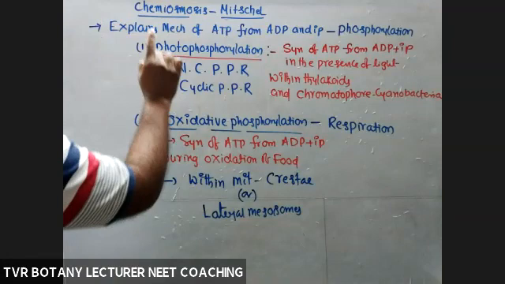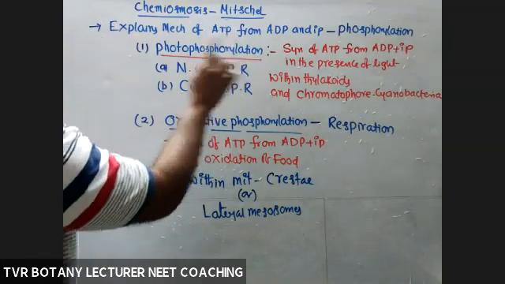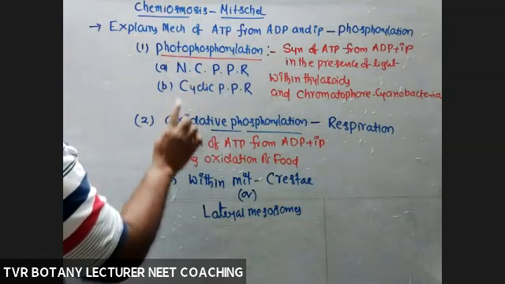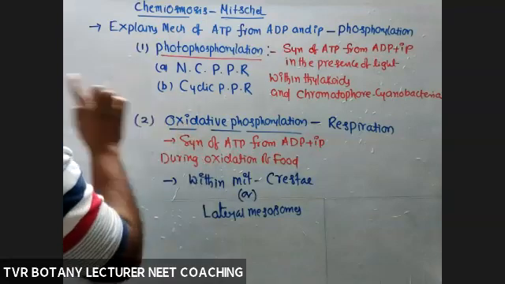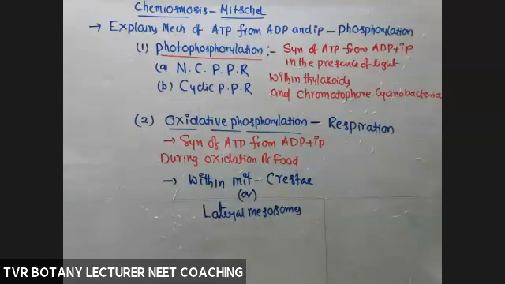So definitely they will question you. Chemiosmosis is concerned with photophosphorylation and oxidative phosphorylation only. It is not concerned with the synthesis of NADPH plus H plus. Remember that one.